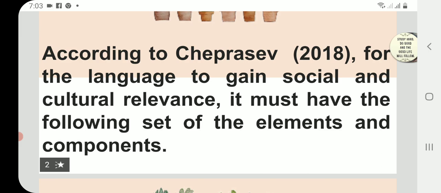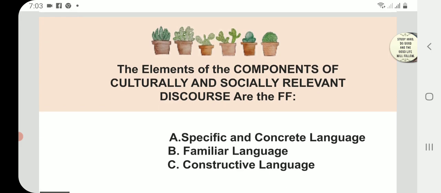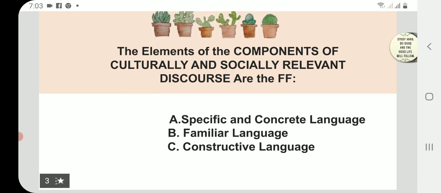So we must use the following set of elements and components that Chef from Save 2018 gives. The elements of the components of culturally and socially relevant discourse are the following.